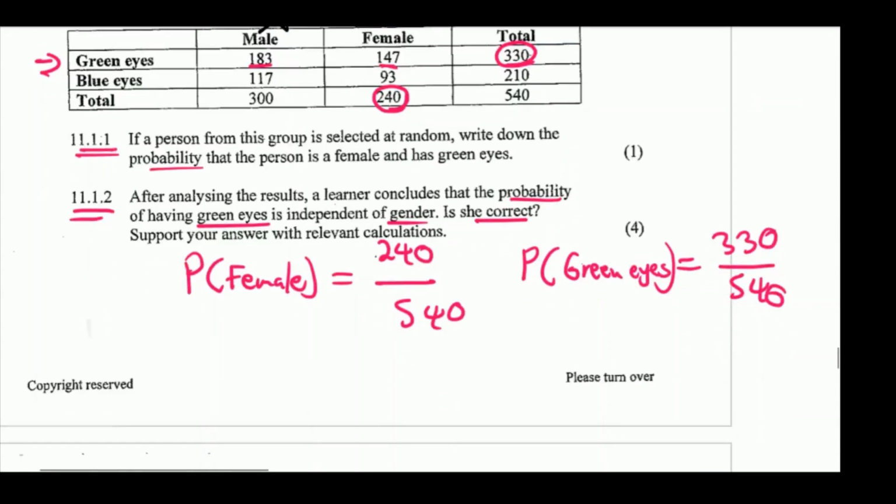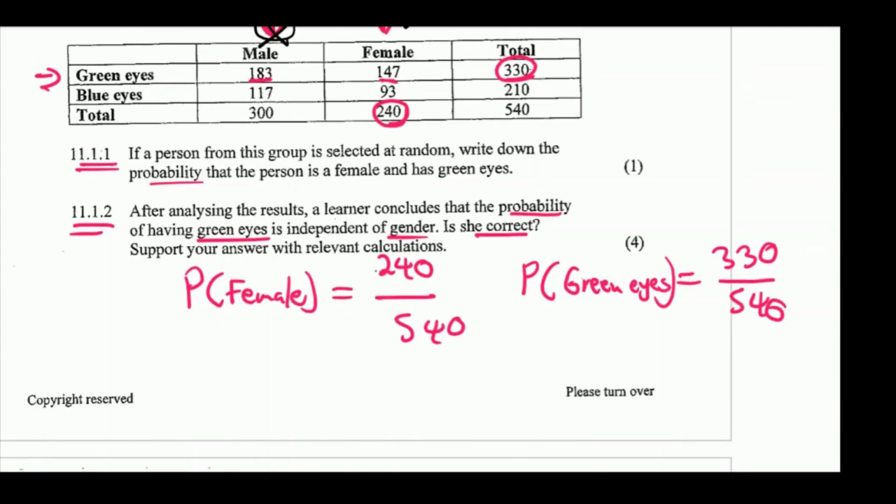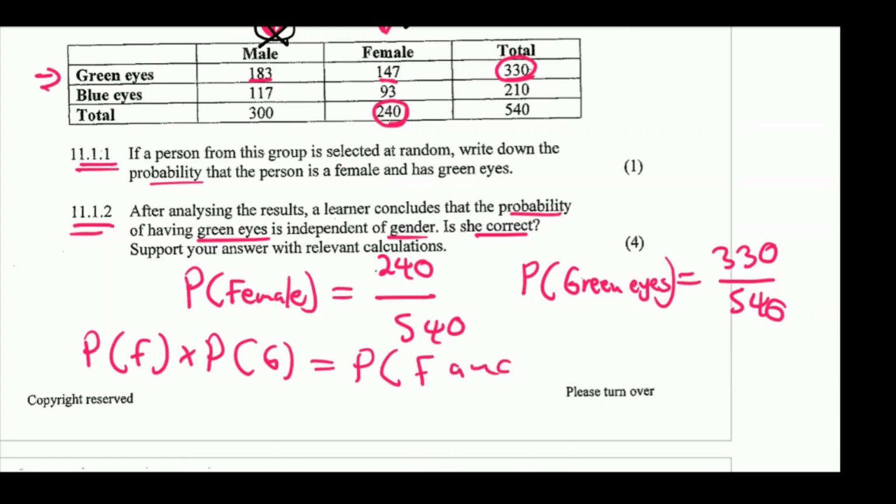So now what you need to note is we are asked to analyze the independence of green eyes and females. So the equation for independent events is P of females multiplied by P of green eyes must be equal to the probability of females and green eyes, right?